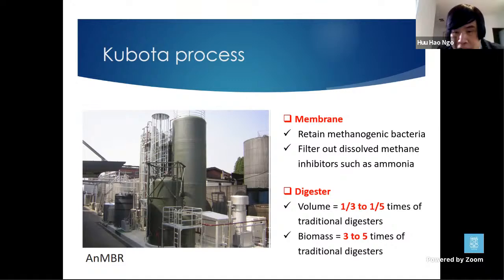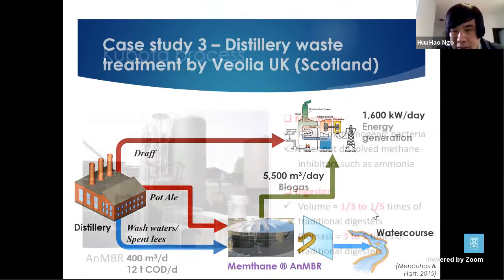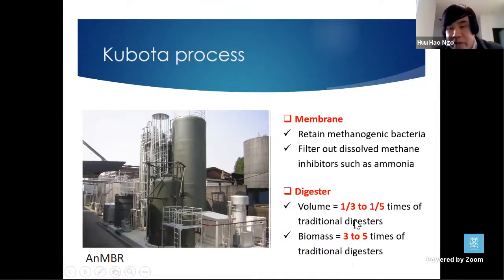The volume is about 1/3 to 1/5 of the traditional digester, and the biomass is 3 to 5 times that of the traditional digester. That is really good news, because the more biomass, the better.